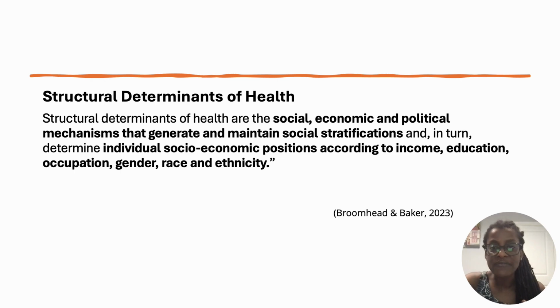So both sets of definition address overarching structures that trickle down to economic stability, lack of access to quality care, living in an impoverished environment with lack of access to, for example, even healthy food, being able to exercise, having economic stability.